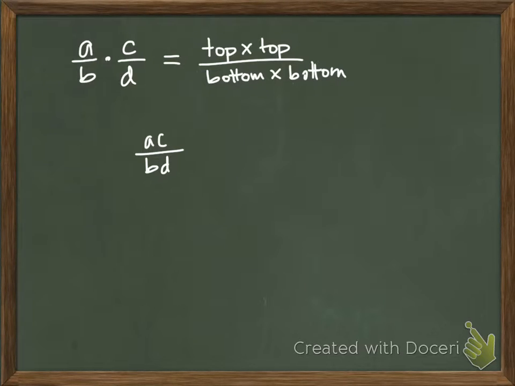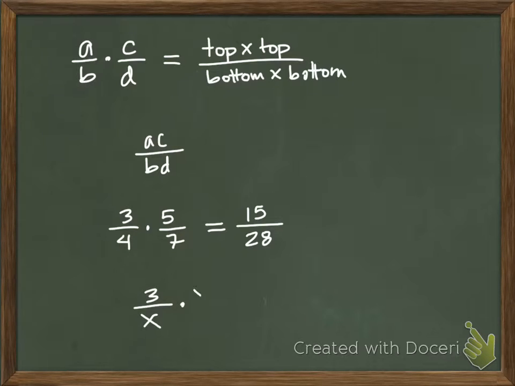So if we had numbers, let's say 3 over 4 times 5 over 7, we would go 3 times 5 gives us 15, and 4 times 7 gives us 28. And that would be our answer. If we put letters in there, like 3 over x times x plus 1 over x plus 2, we do the same thing.